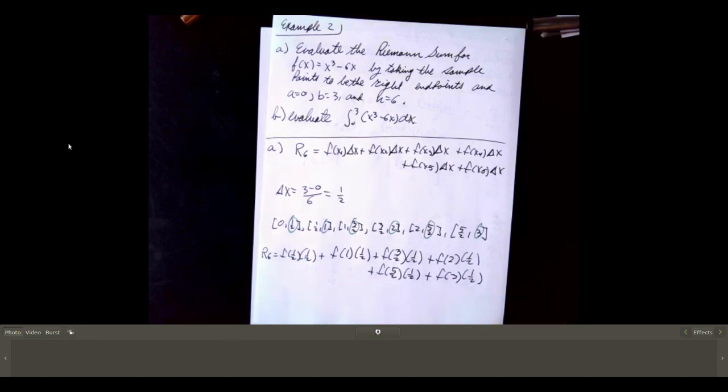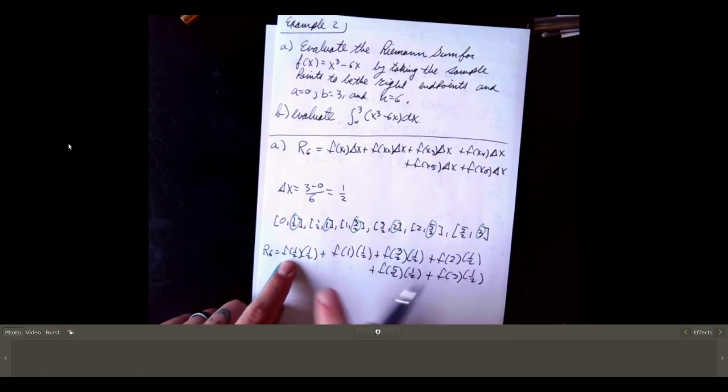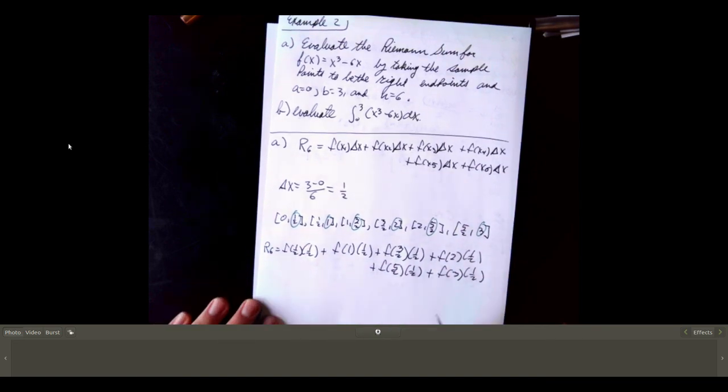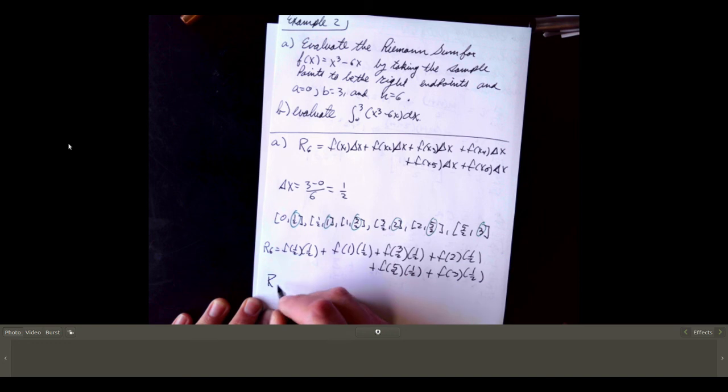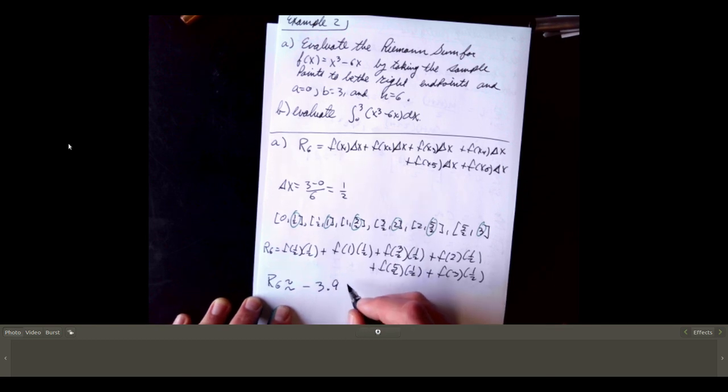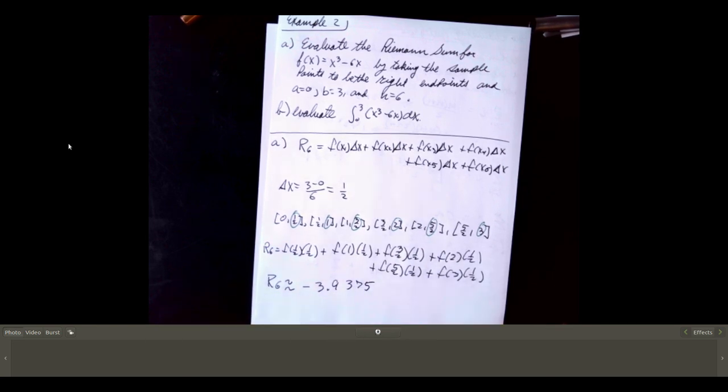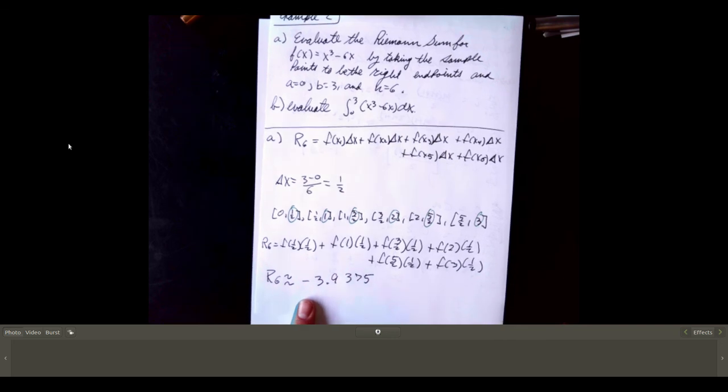And when you finally calculate f of these values and multiply and add all together, we're going to get R6 to be about equal to negative 3.9375, which is fine. Our area is negative.